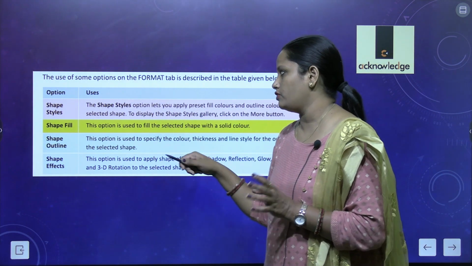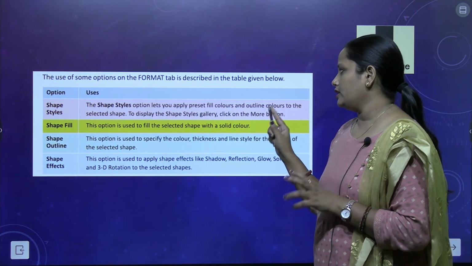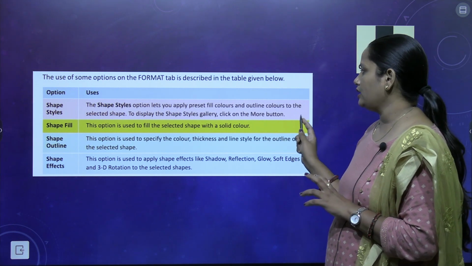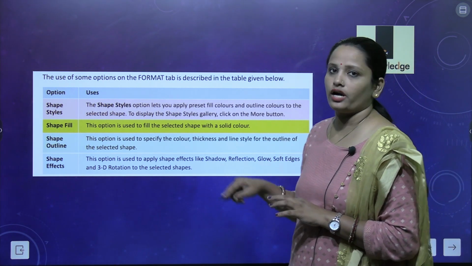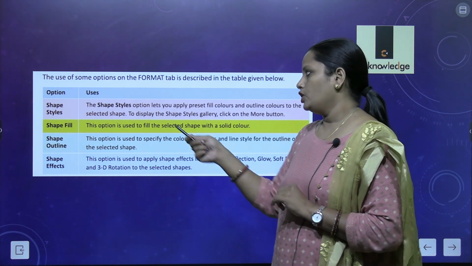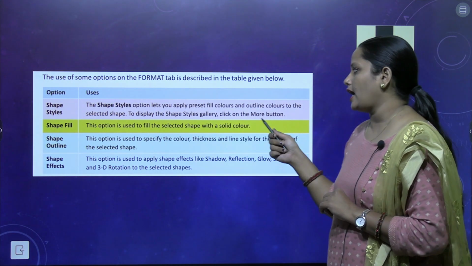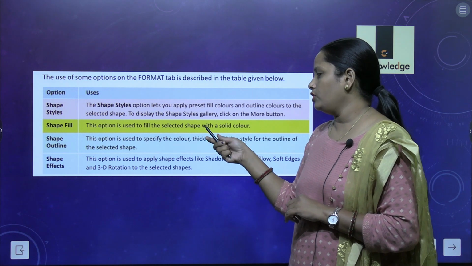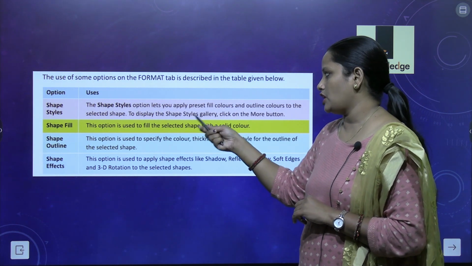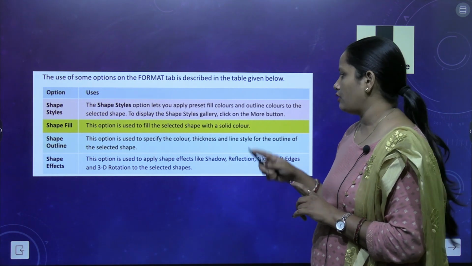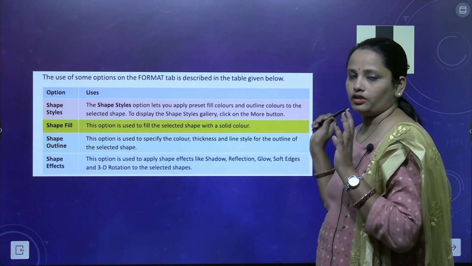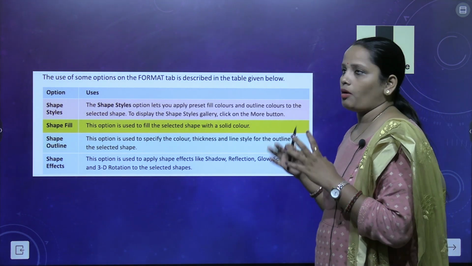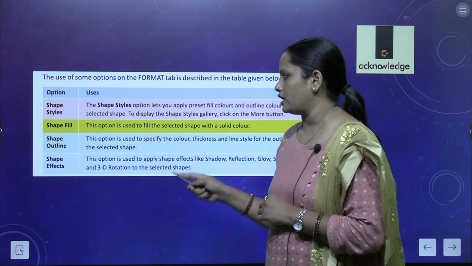By this feature we can add fill color and outline colors to our selected shape. To display the shape style gallery, click on the more button. So when we want to display the shape style gallery, we have to click on the more button, and after clicking on that, more options will come in front of us.